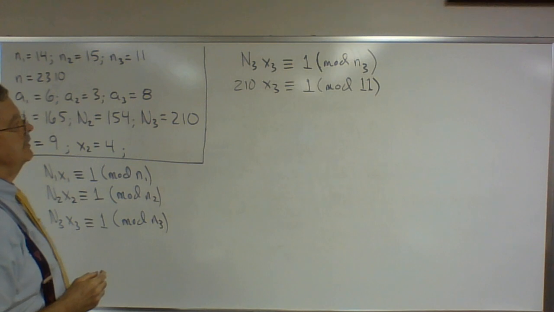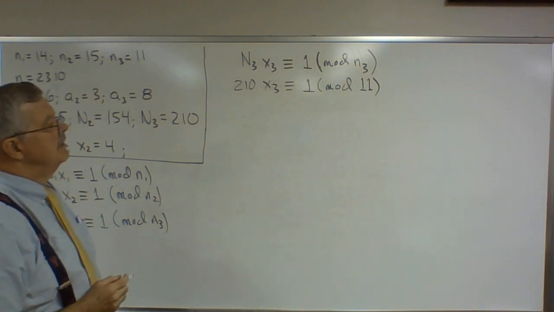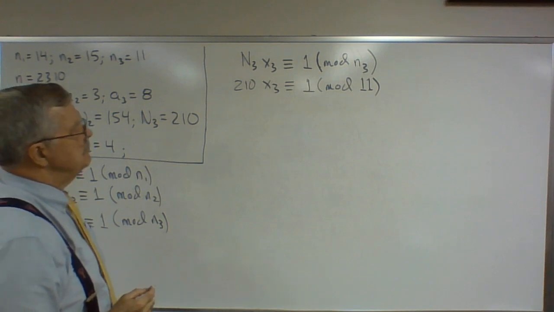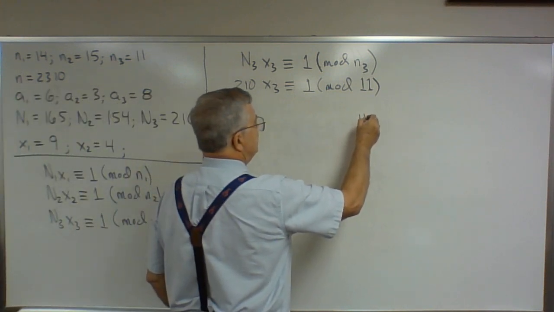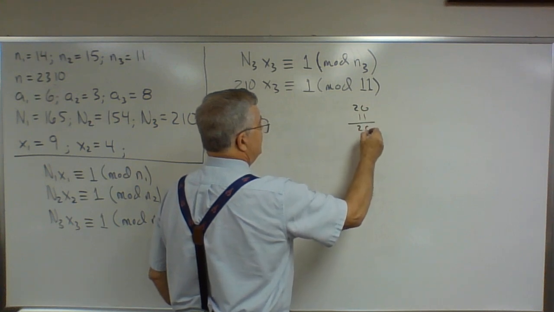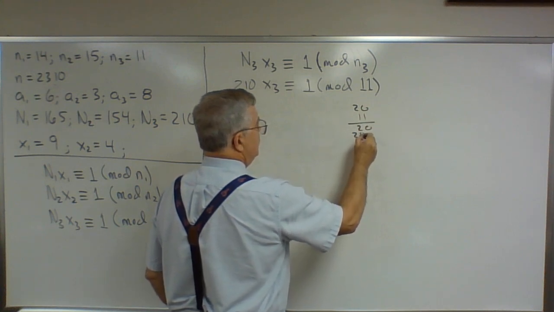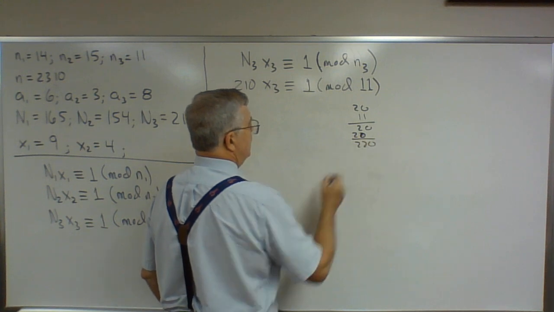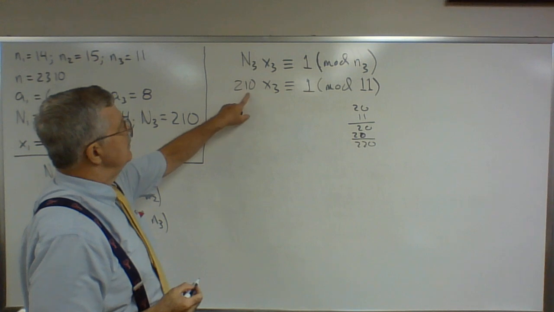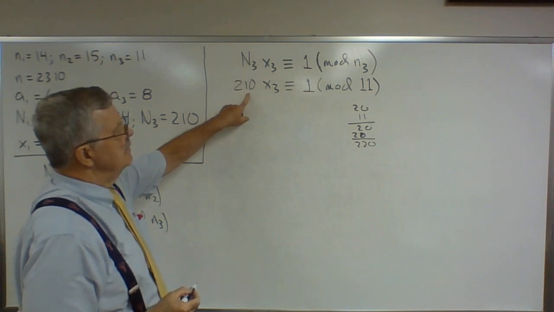Okay, let's see. 11 times 20, what happens there? Okay, 20 times 11 is 220. We overshot the mark.